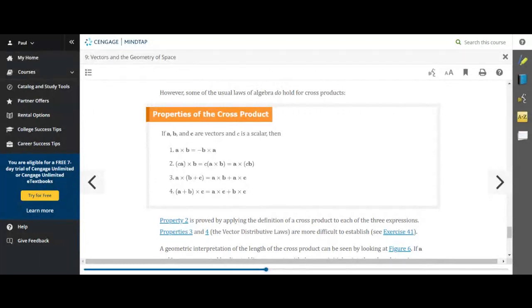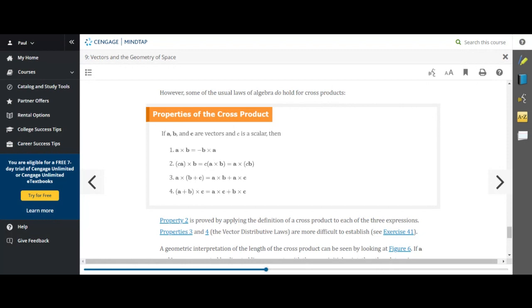Okay. So now what we have here is our properties of the cross product. These are just properties. They're sort of natural. The first one we already believe in. The second property: if you have a constant times vector A, and you cross it with B, the constant can be pulled out in front of the cross product.